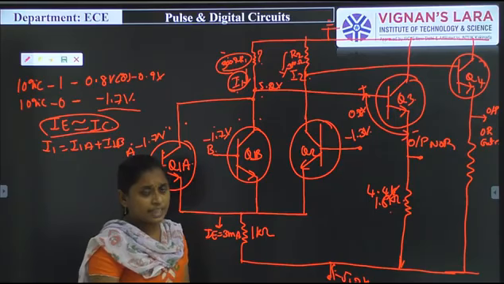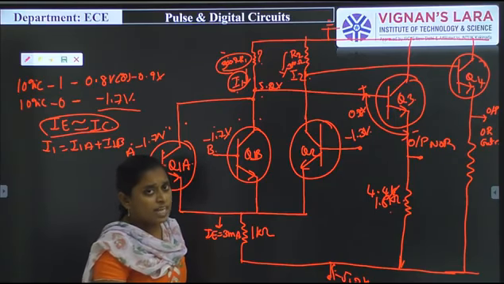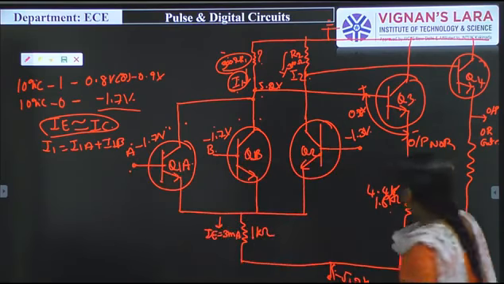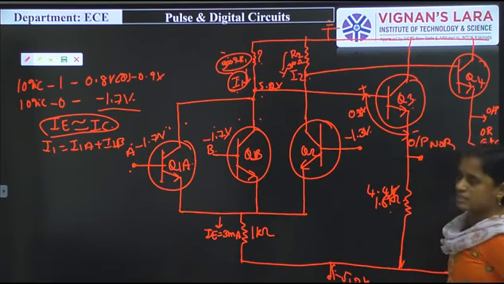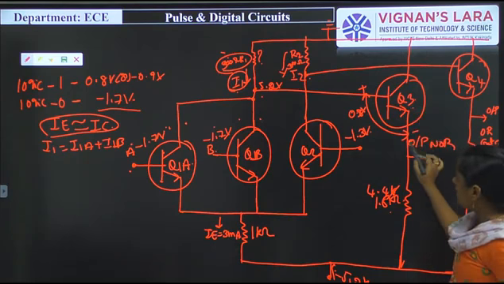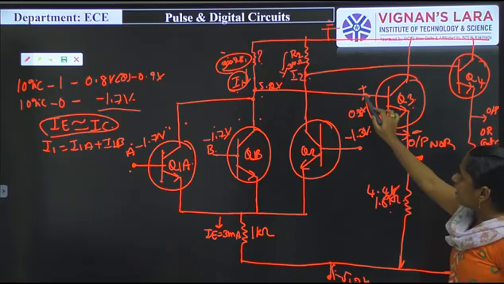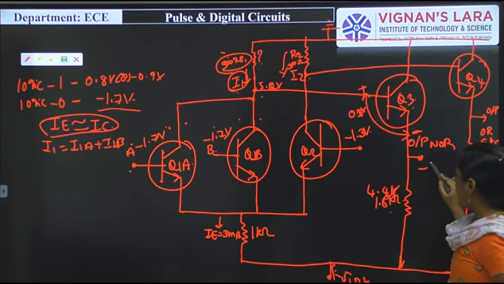But here we have to take the output voltage. The output is taken at the emitter terminal of transistor Q3, which is connected to the negative supply, and that is minus 0.8 volts.